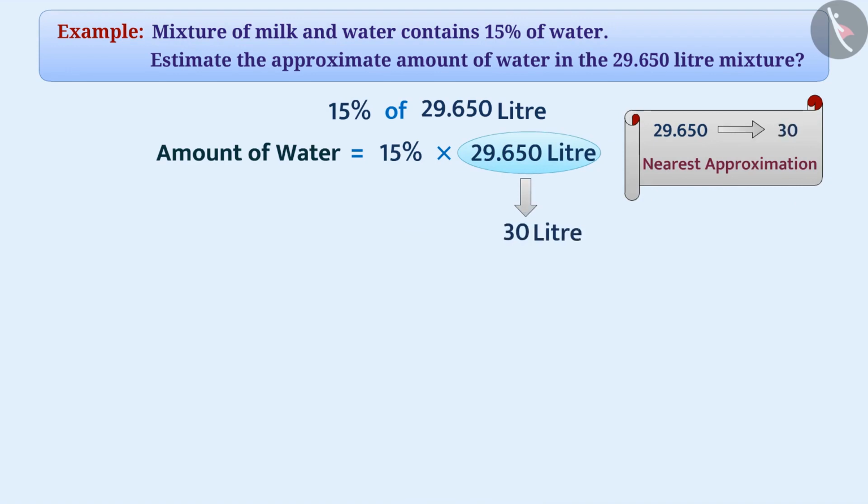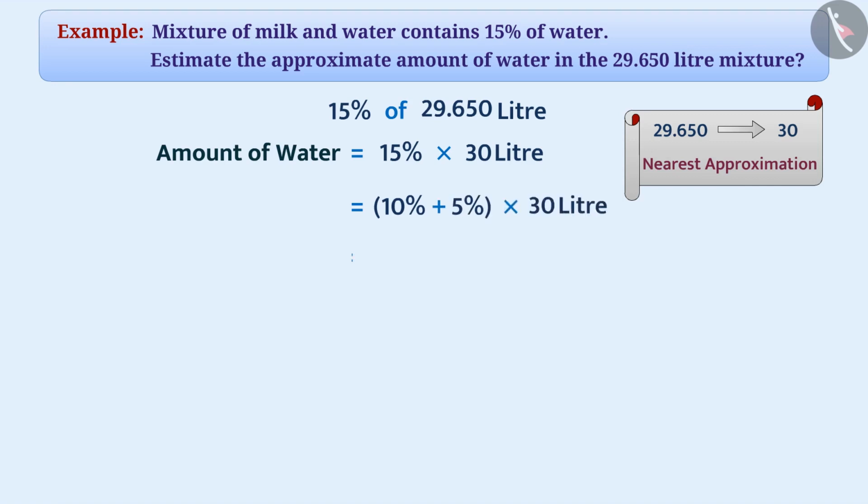In this way, the amount of water will be 15% of 30 liter. We can write this as 10% plus 5% multiplied by 30 liter. That is 10% multiplied by 30 liter plus 5% multiplied by 30 liter.